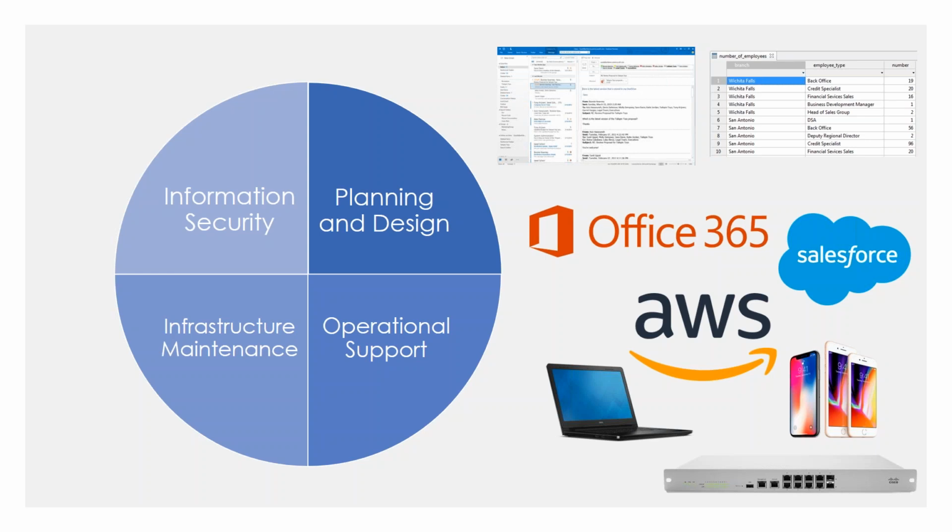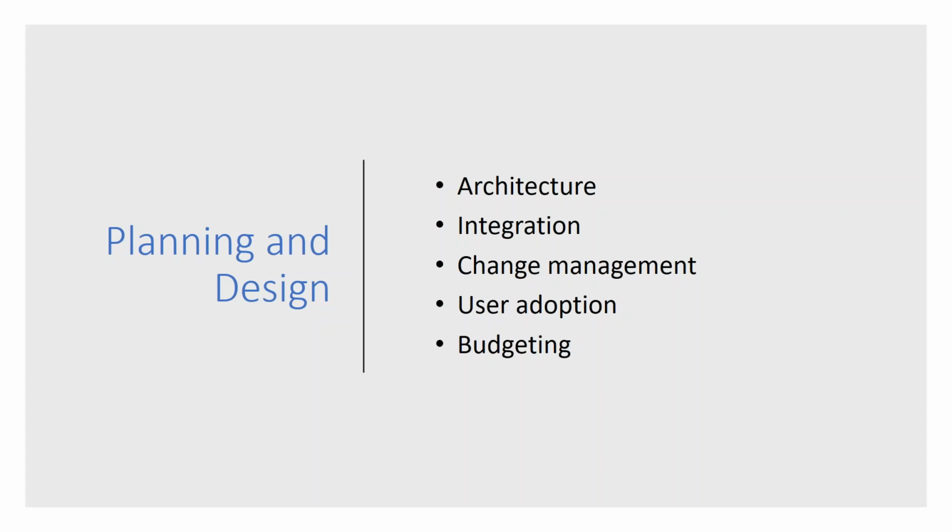So let's go into some details here. We'll start with planning and design. Each of these four functional areas consists of a set of expertises, capabilities that all sort of fit together.